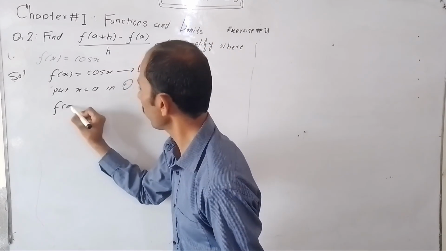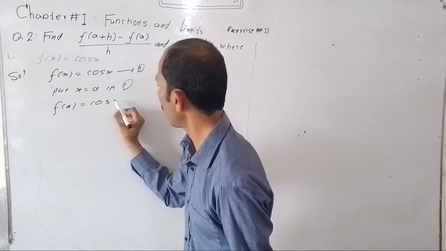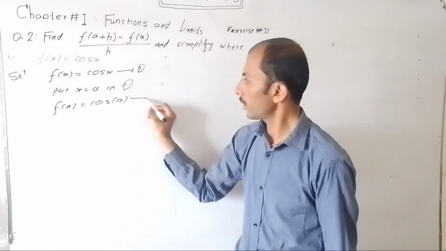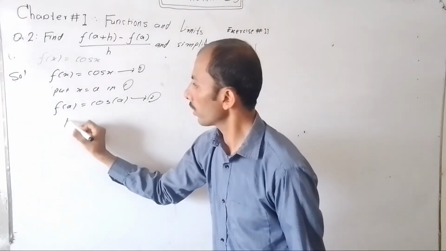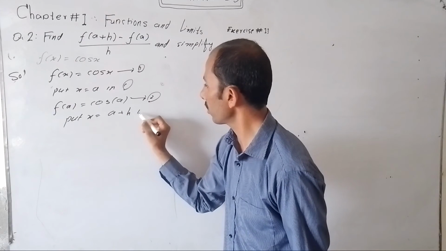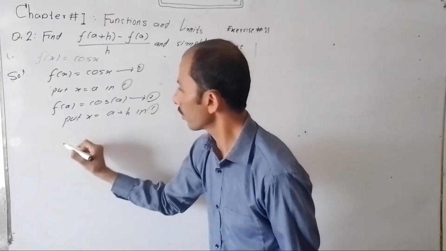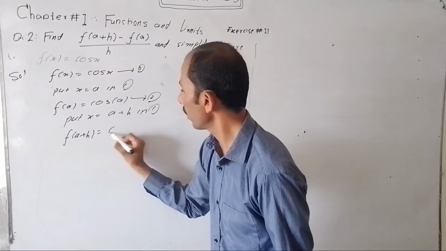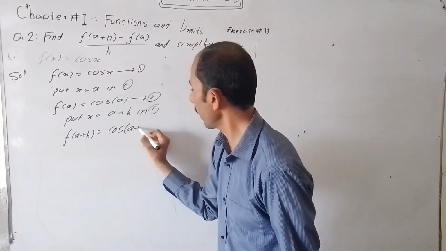So f of a is equal to cos of a. Equation number 2, put x is equal to a plus h in 1. So f of a plus h is equal to cos of a plus h.